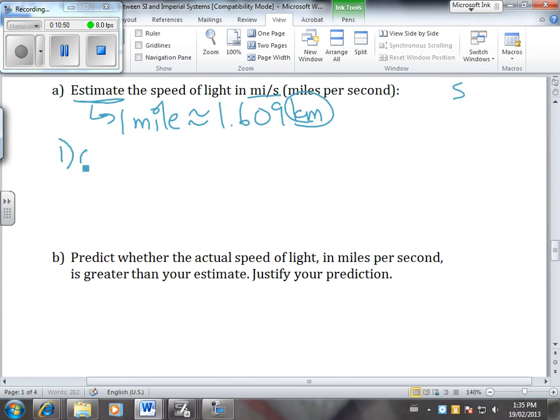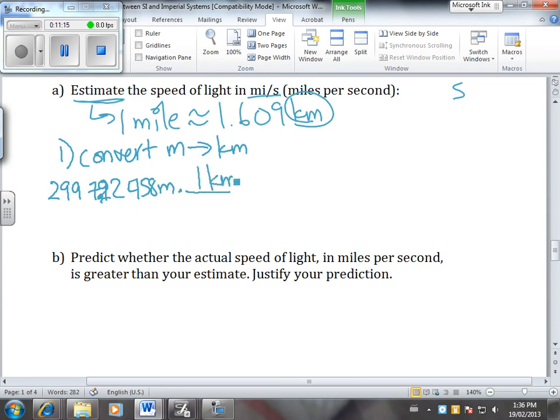So, convert meters to kilometers. Okay, if we have 299,792,458 meters. We want kilometers.